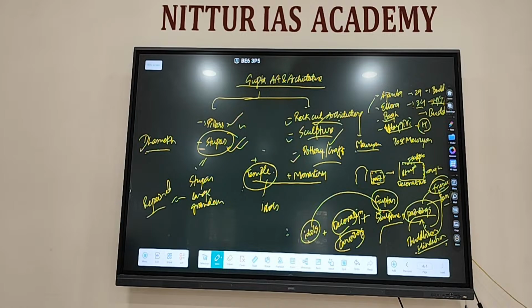They have large assembly halls and mural paintings.